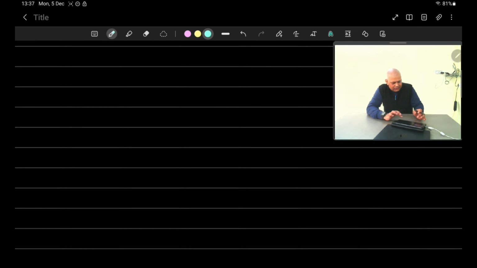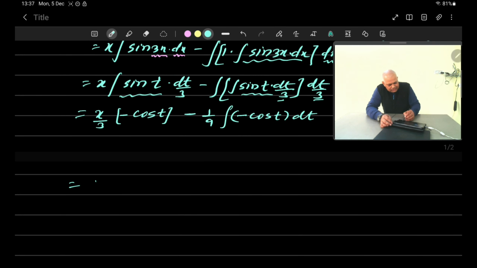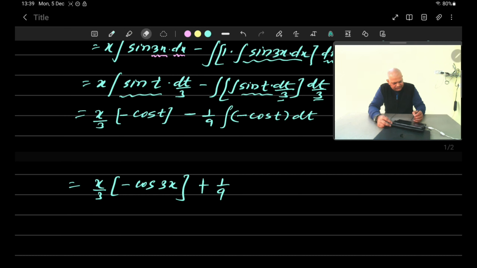Now you can write here x upon 3, and you can substitute the value of t in this equation, cos 3x, because t equals 3x, and minus 1 by 9. And so, my dear friends, minus and minus will become positive, right?